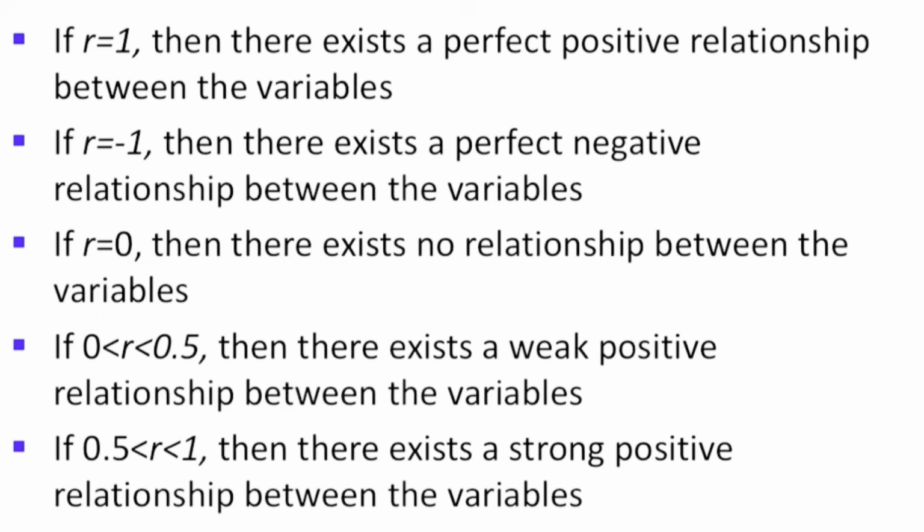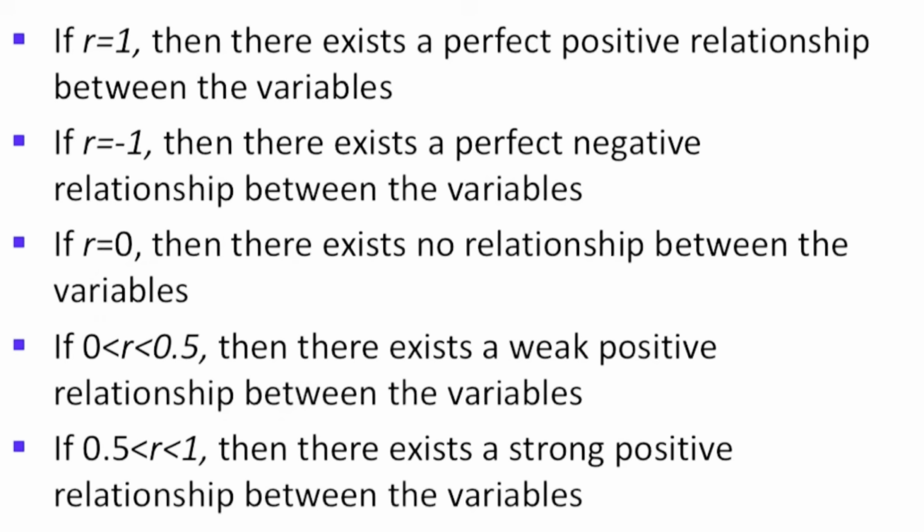Now, if you get your r to be exactly -1, then it means there's a perfect negative relationship between the two variables. Now, if you get r to be 0, it means there's no relationship between the two variables. And if you get r to be greater than 0, but r is also less than 0.5, then it means there's a weak positive relationship.